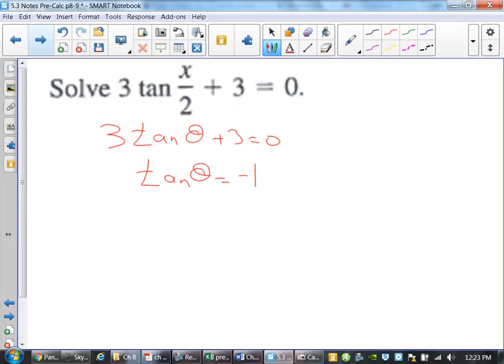Second and fourth, very good. At the 45-degree reference angle, so it'll be at 3 pi over 4 and 7 pi over 4. Are those equidistant from one another when you're on tangent? They are. Those two guys are pi away from each other.